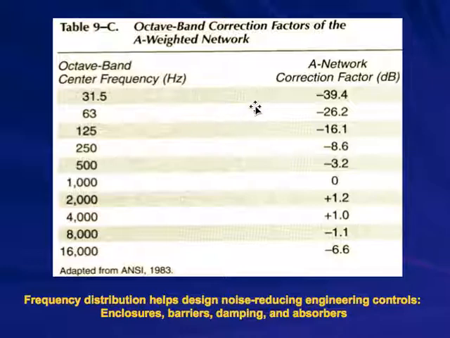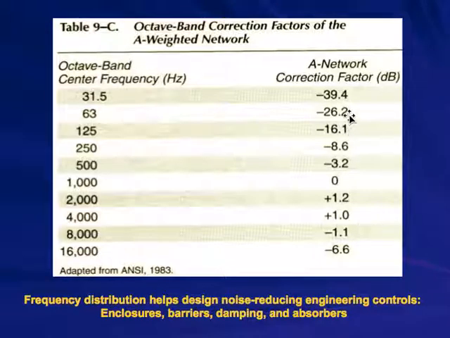Still within the range that we can hear, but at very low frequencies, very low bass sound. The same amount of energy at a low frequency doesn't affect our ears as much as the same amount of energy at a mid frequency, because we're most sensitive here. So, in fact, it doesn't do as much damage to our ears.